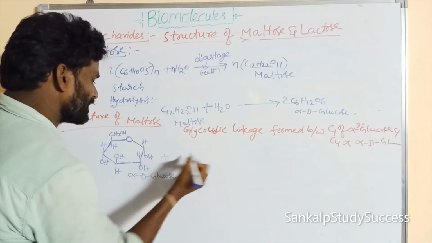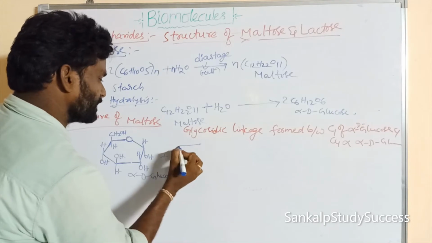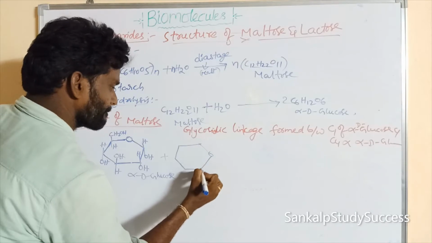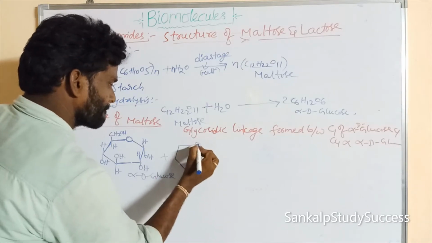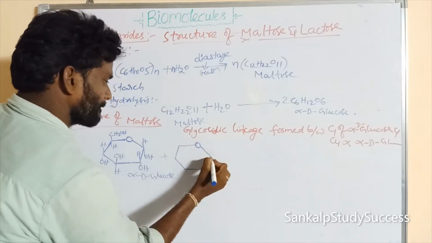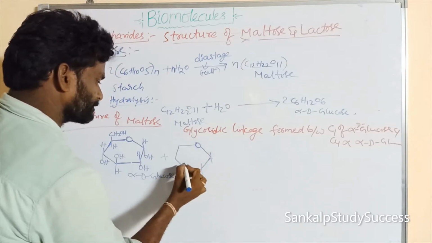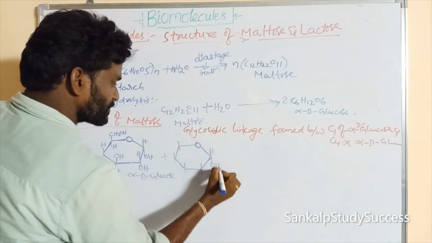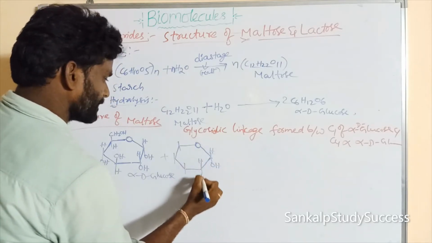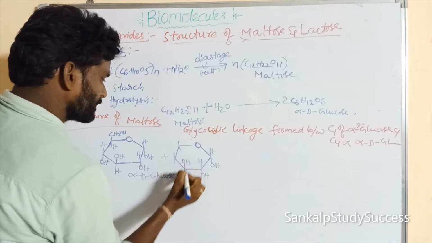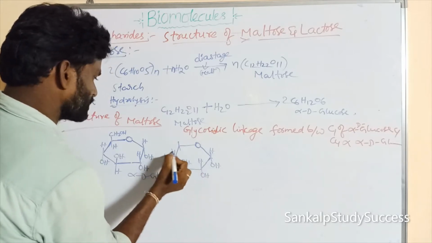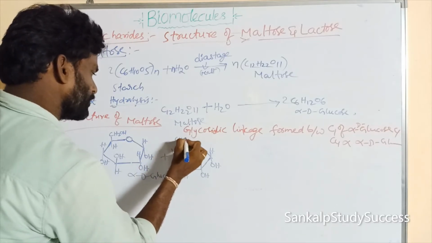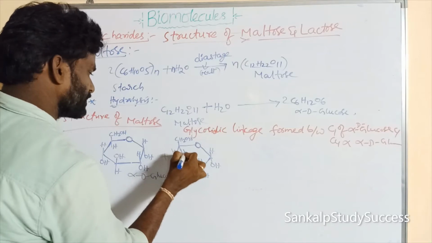We can write another alpha D glucose the same way, with the same substituents and CH2OH.